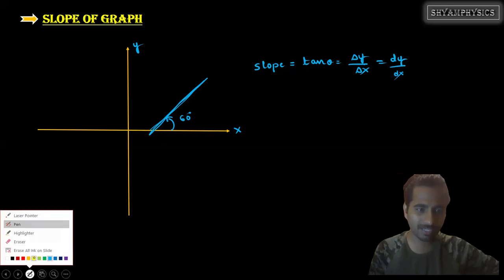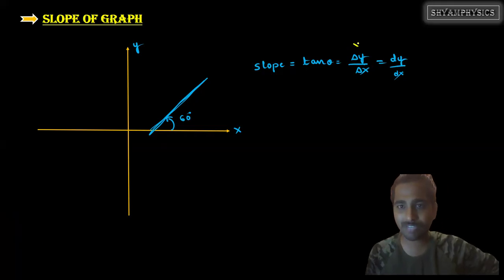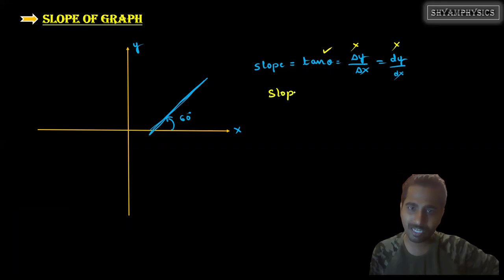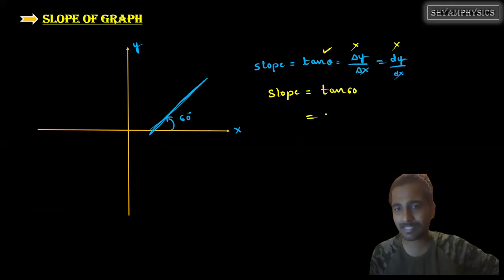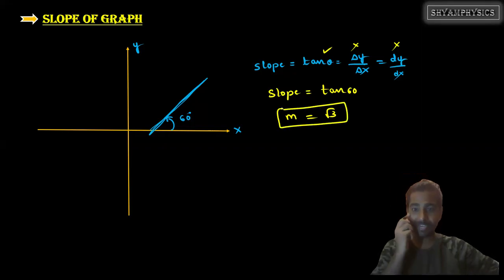Now in the given equation, there is no information about delta y, delta x, dy, dx. There is information of an angle. So the slope of the graph can be calculated by tan 60 degree. What is tan 60? That is √3. This is the value of the slope.